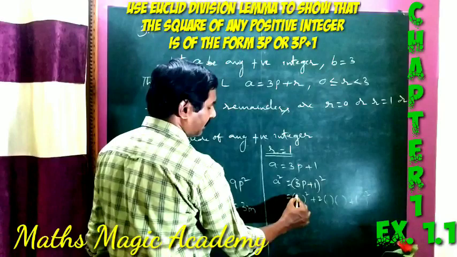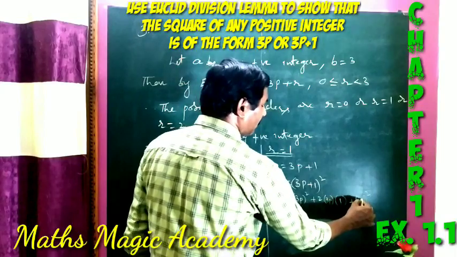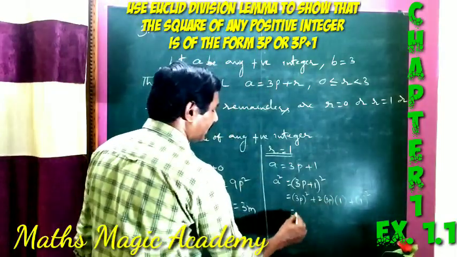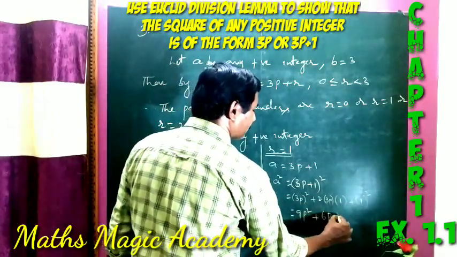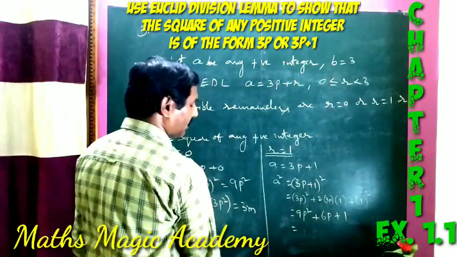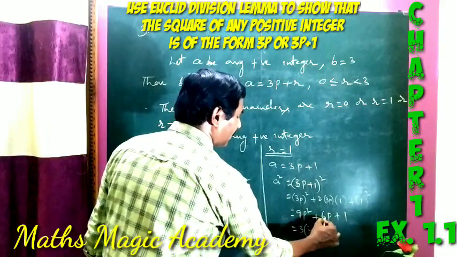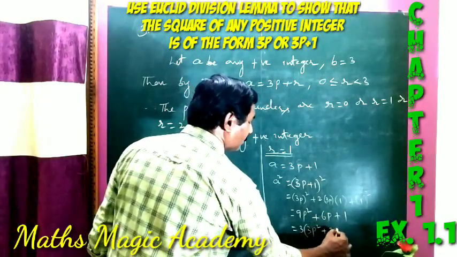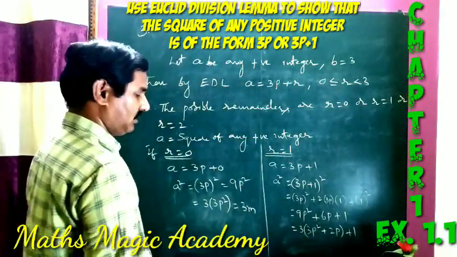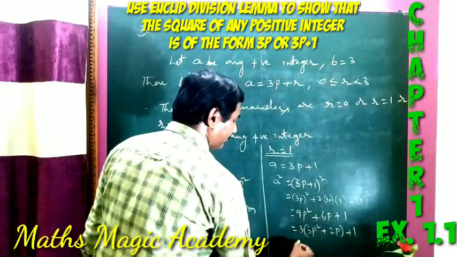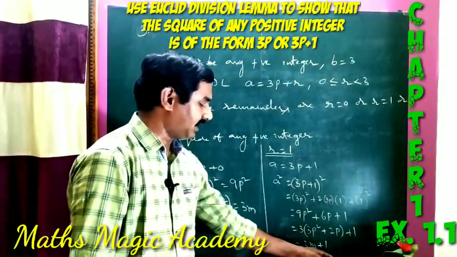In place of a we have 3p, and b is 1. So it is 9p square plus 6p plus 1. Here you can take 3 common: 3 into 3p square plus 2p, and the remaining is plus 1. Assume this is m. This is 3m plus 1. It is in the form of 3m plus 1.